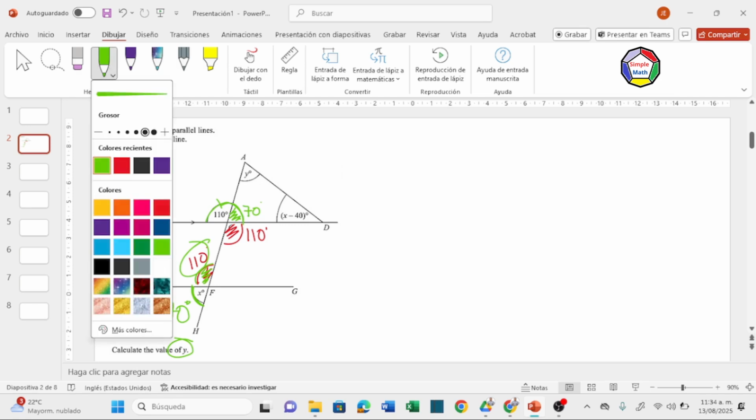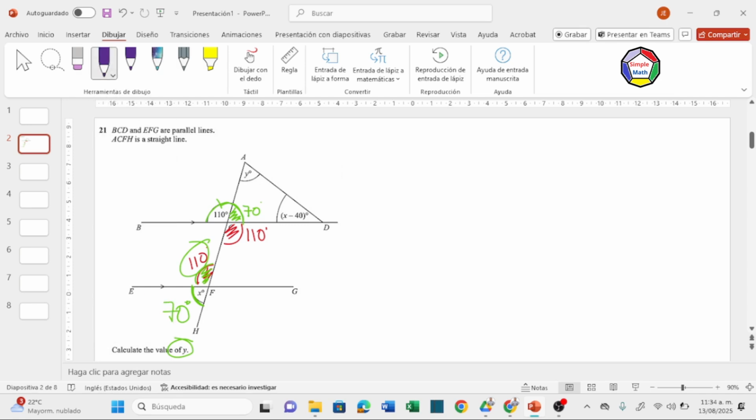And I want you to see something, guys. This shape is a triangle, as you see, right? According to a property of triangles, the sum of the interior angles, so the angle A plus the angle D plus this angle, which is 70, will measure 180 degrees.